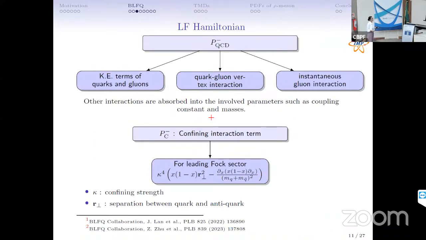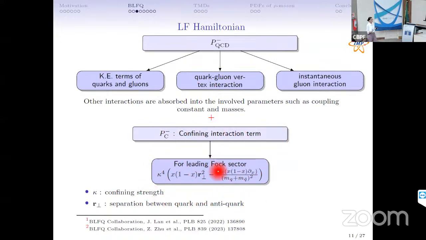For the light front Hamiltonian, we have three terms: the kinetic energy of the quarks and gluons, the quark-gluon vertex interaction, and the instantaneous gluon interaction. Other interactions are absorbed in some parameters introduced in this approach. The confining interaction term has a transverse and a longitudinal part, adopted from light front holography.